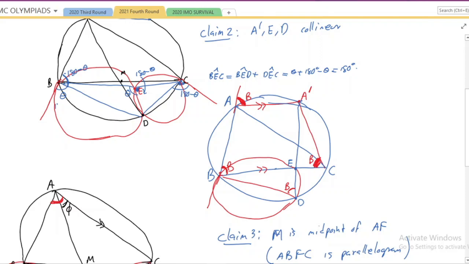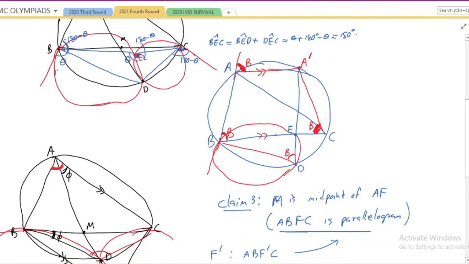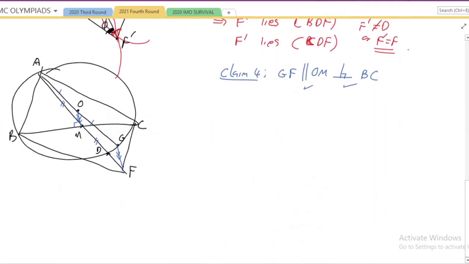So what it really remains to show is that GF also meets the circumcircle at A prime. So all three of them meet at that A prime. So A prime should be that point of intersection. So the final stuff we need to show is that A prime, G, and F are collinear.